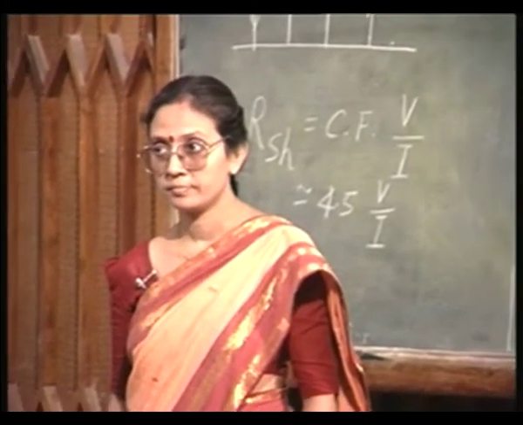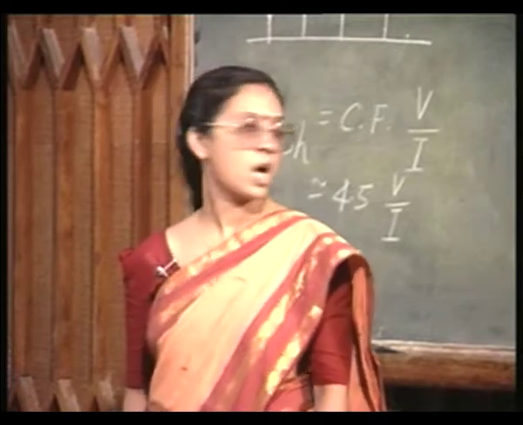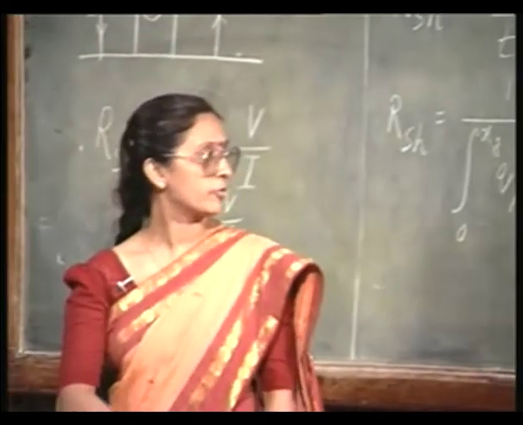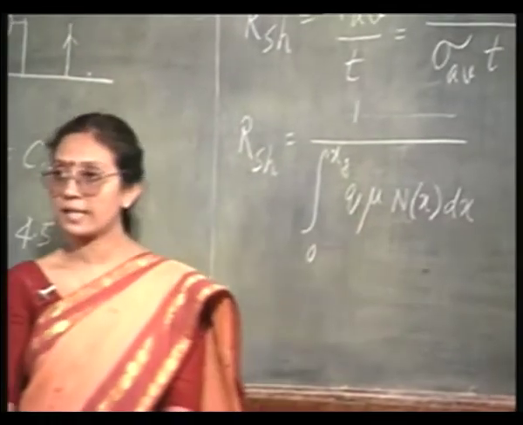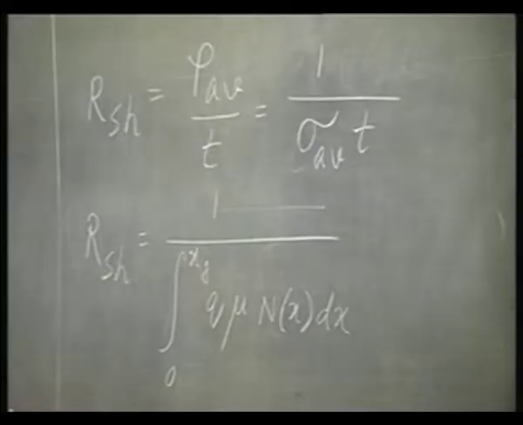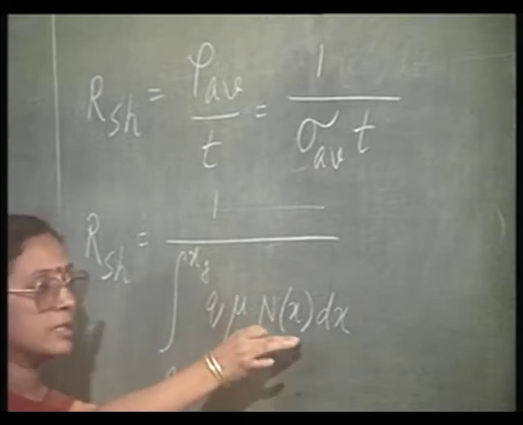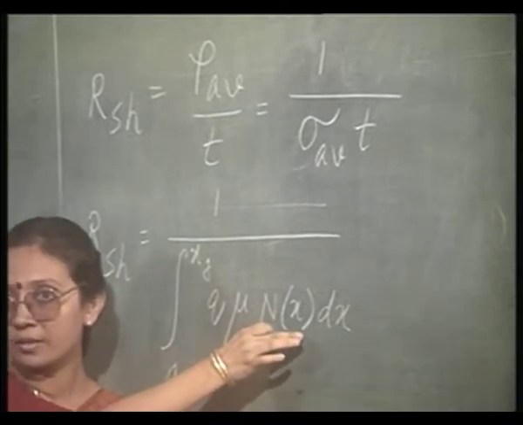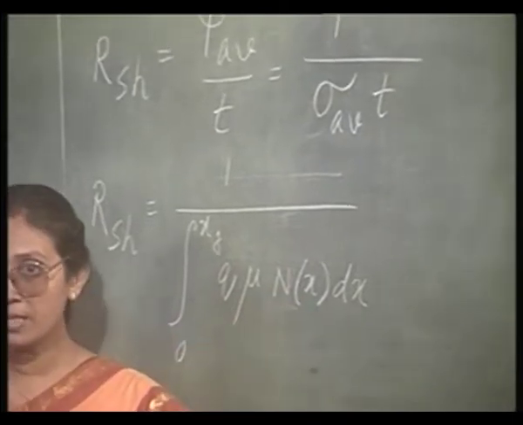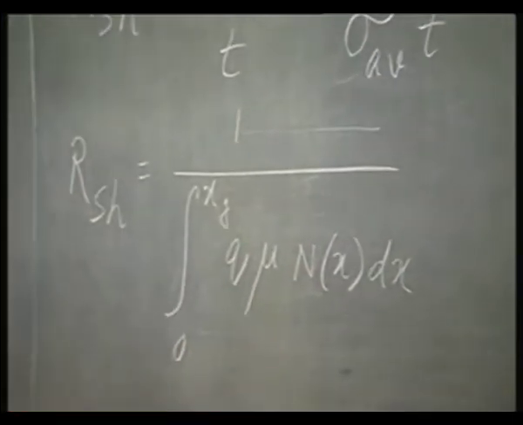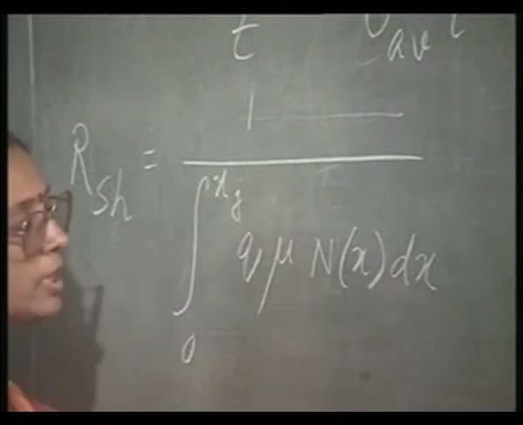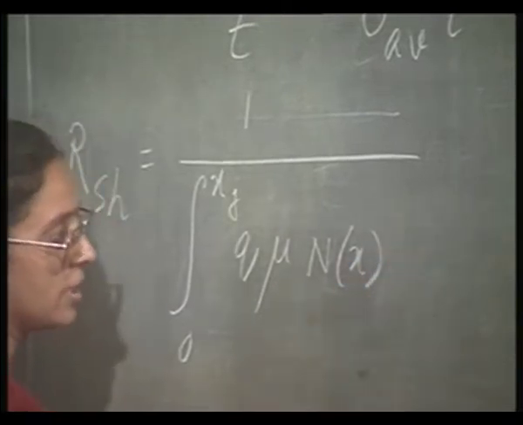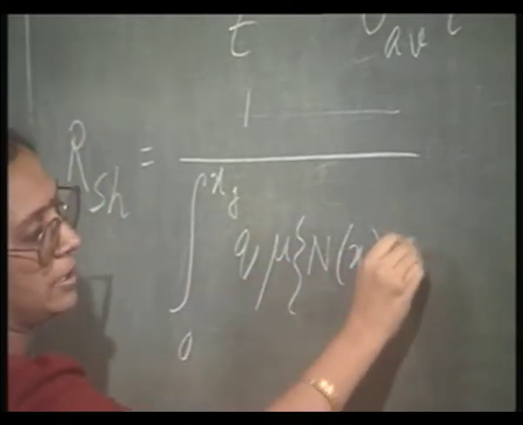Yes? I have of course here neglected the background doping concentration. What you should have here is the actual doping concentration, that is the difference N(x) minus Nb. I have neglected Nb thinking that Nb will be much smaller. If I want to make it more accurate, then I should write it like this.